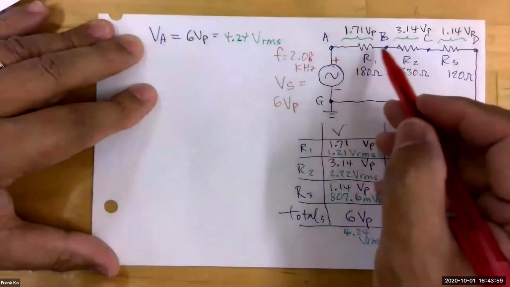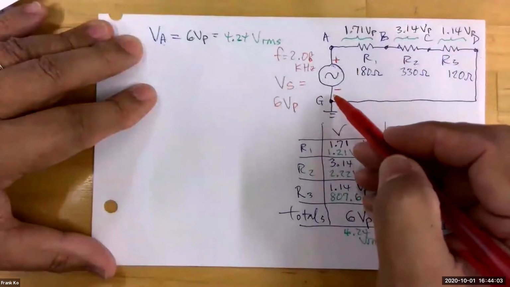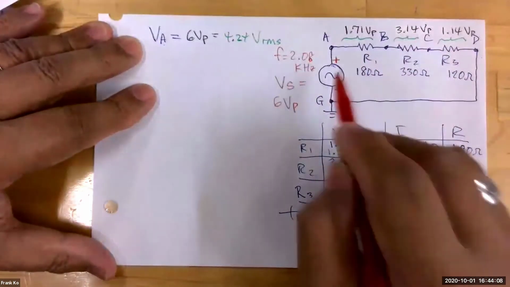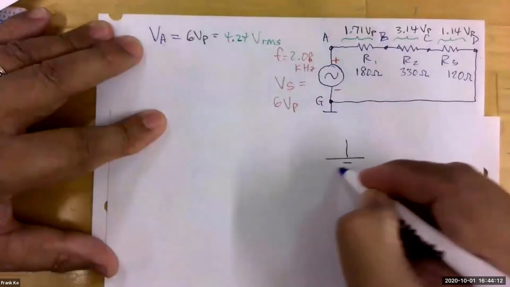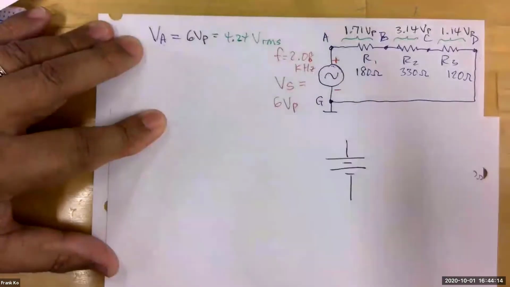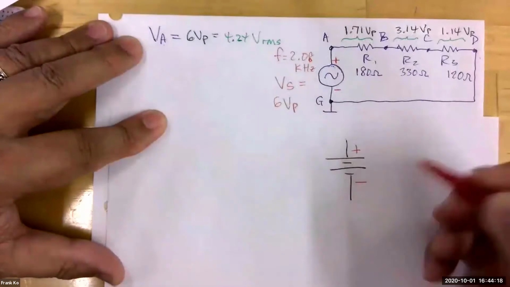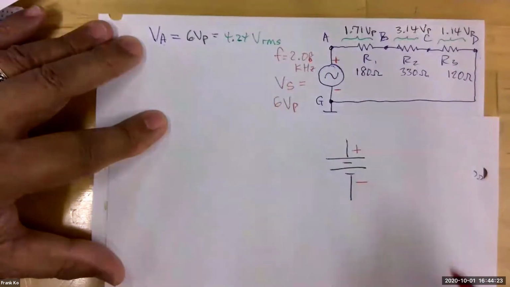How would you polarize the rest of these resistors based on this polarity on the source? You want to treat this, the way I've drawn this, as if it were a DC source for a moment. At this moment it is positive on top, negative on the bottom, because we're only looking at the positive half cycle.